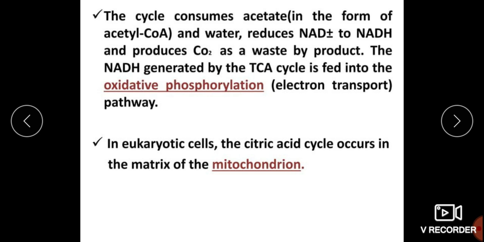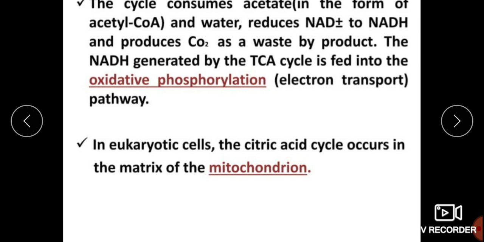Thus, the TCA cycle consumes acetate in the form of acetyl coenzyme A and water, reduces NAD to NADH, and produces CO2 as a waste product. The NADH generated by the TCA cycle is fed into oxidative phosphorylation at the time of respiration through the electron transport chain.